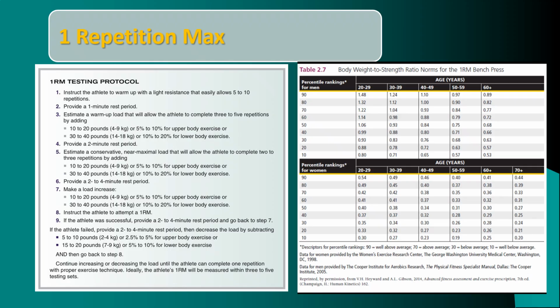Once they're ready to try it, they're going to try the max lift. Then you want to try to get it in 5 attempts, no more than that, because then you're going to deal with a client being fatigued. Ideally 3 to 5 testing sets is what you want. And it's done when they can do it 1 time and not 2.